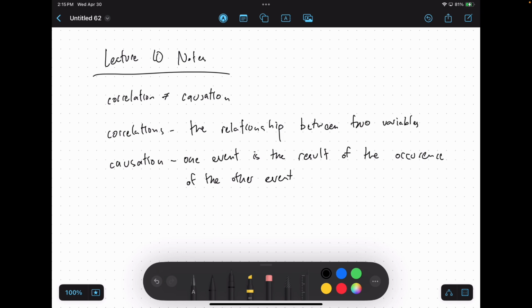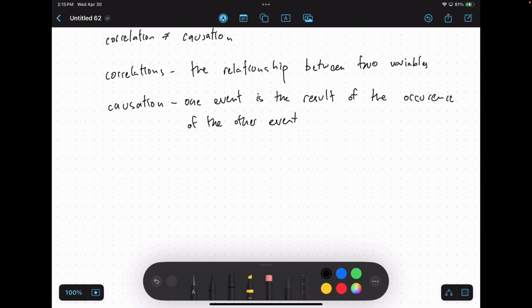And the standard to demonstrate causality is actually pretty difficult, okay? And we're going to talk about conceptually how you might start thinking about ways to figure out causal relationships.